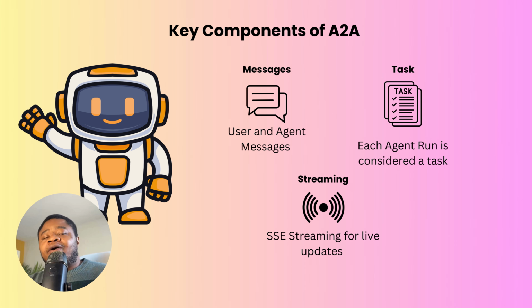I'll show you this in Langsmith as well. When we observe each run, you can see the various different steps. The agent calls a model, makes some tool call, returns the response of the tool call back to the agent, and so on and so forth. These are all the things that happen within a task, and Google allows you to maintain and manage the entire lifecycle using a task.